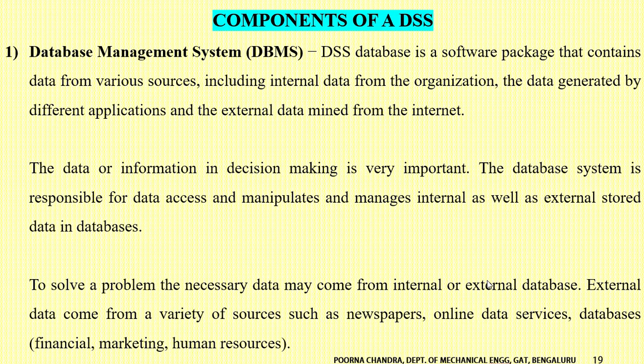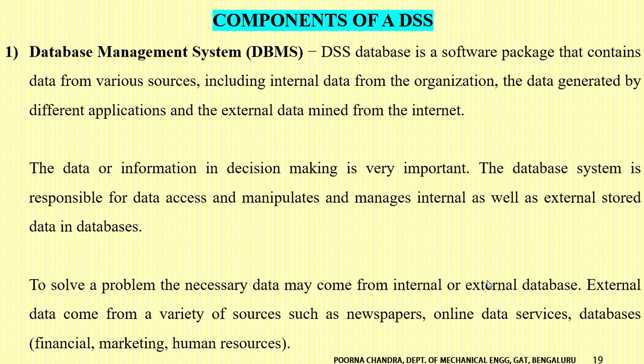Next, if you go in depth with the components of DSS, number one, what does the data management system do? Data management system is a database. It is a software package that contains data from various sources, including internal data from the organization, that is data we get from the people working in the organization, or the data generated by different applications, and the external data mined from the internet.